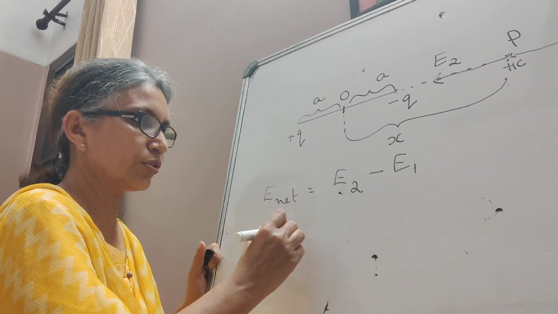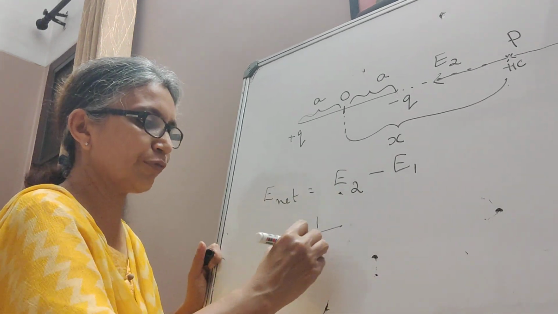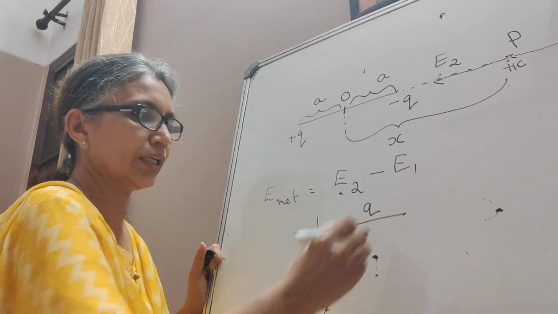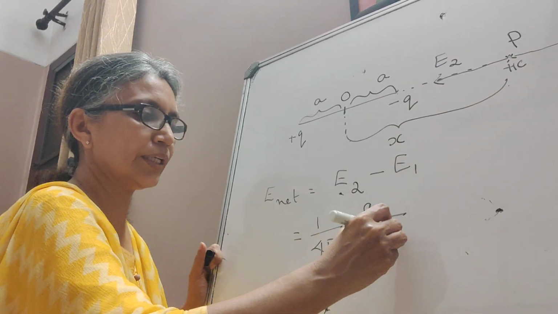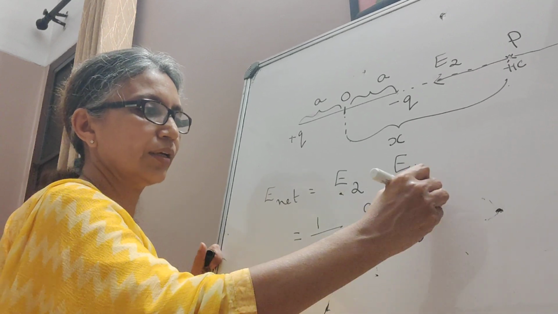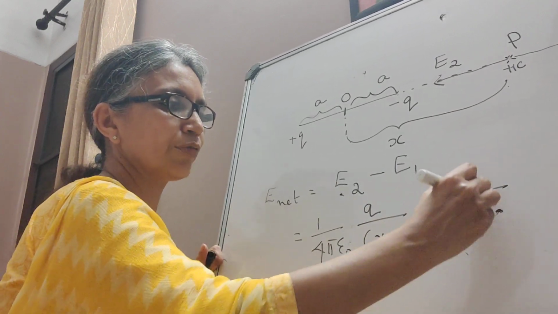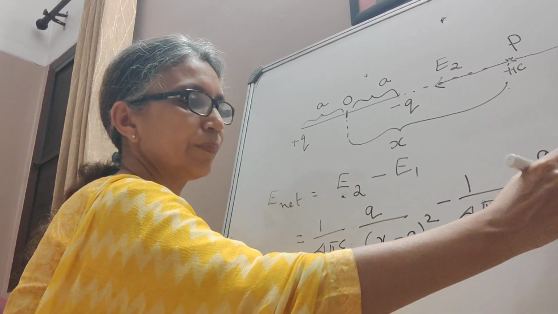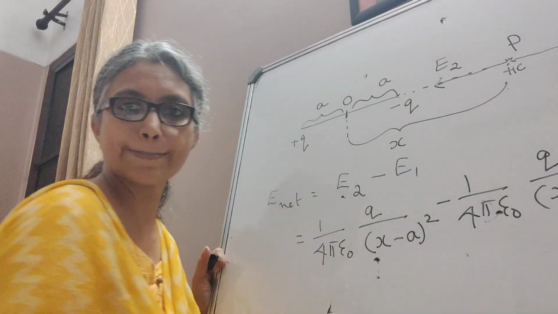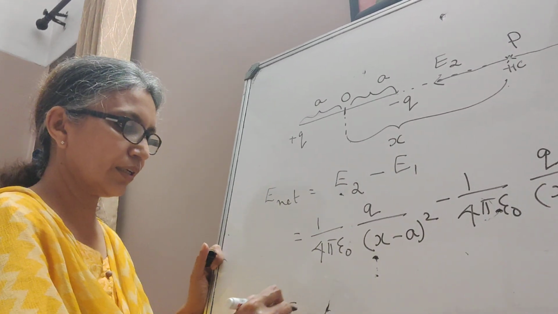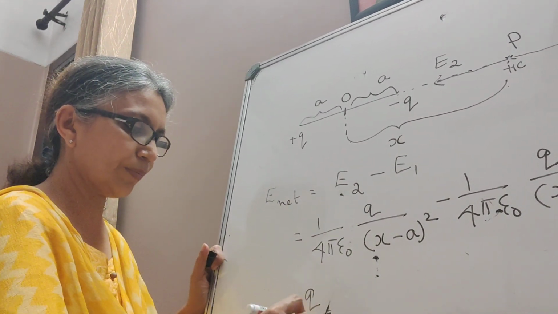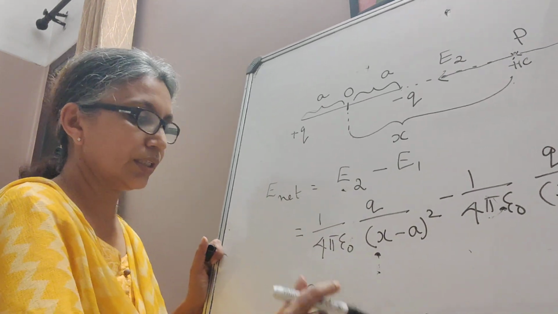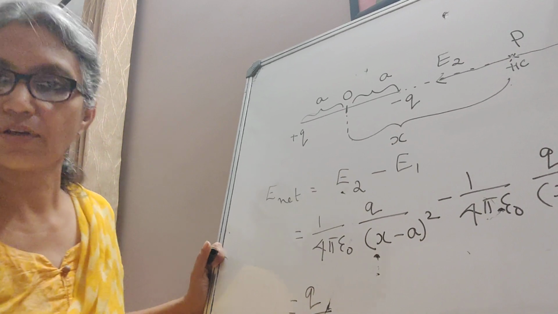And that's going to be equal to 1 by 4 pi epsilon 0 q by, E2 was x minus a the whole square, minus 1 by 4 pi epsilon 0 q by x plus a the whole square. I can take q by 4 pi epsilon 0 outside.